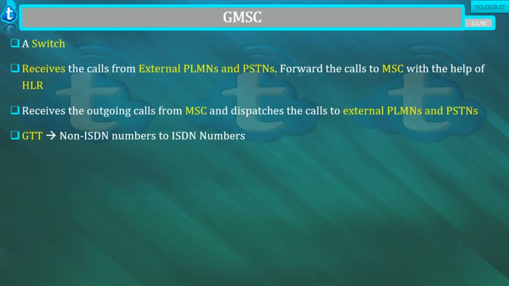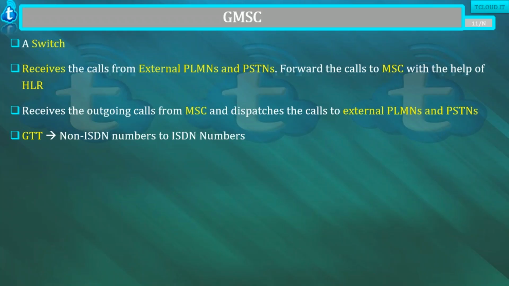So for all emergency calls and for all non-ISDN numbers like your toll-free numbers, the same kind of concept will be applicable. GMSC has to look into a dictionary, find the mapping numbers and forward the calls, because your networks can only route the calls if they are in ISDN format.